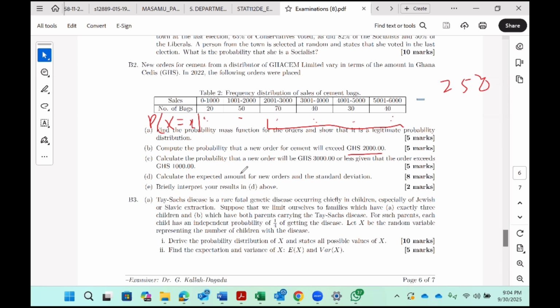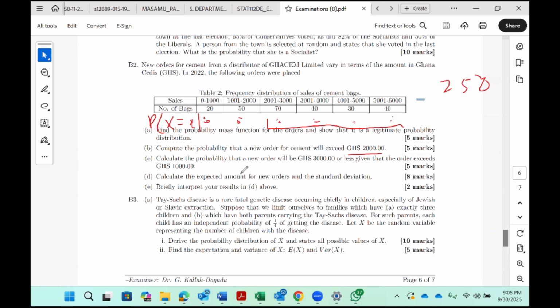Your sales will now be your values, and your number of bags are your frequencies, which you use to calculate your probability. So you divide 20 by 250, 50 by 250, 70 by 250, 40 by 250, 30 by 250, and 40 also by 250. Those fractions you get are put in a tabular form like this.